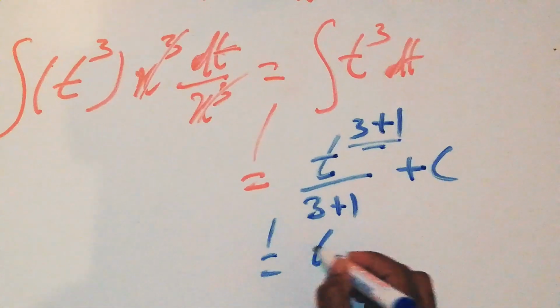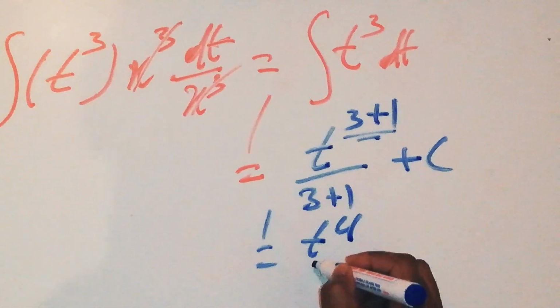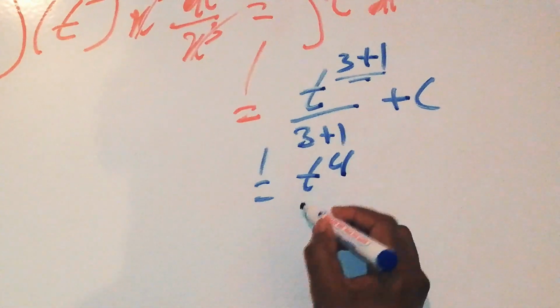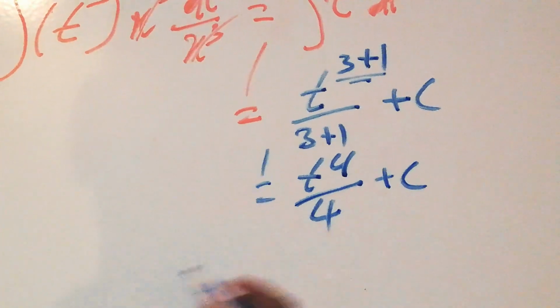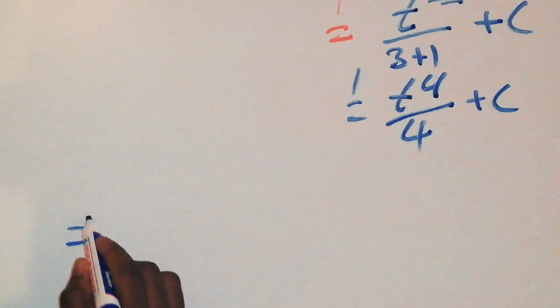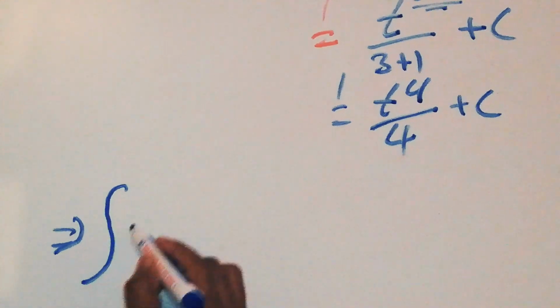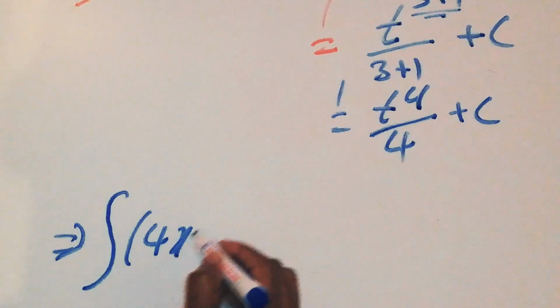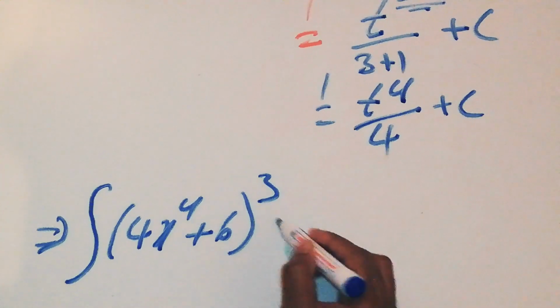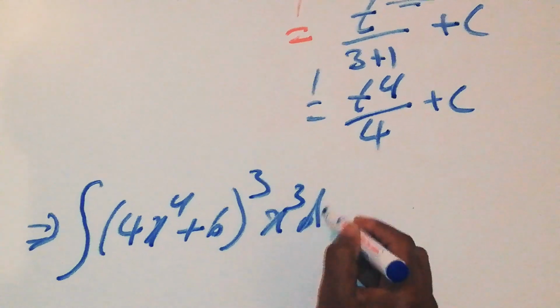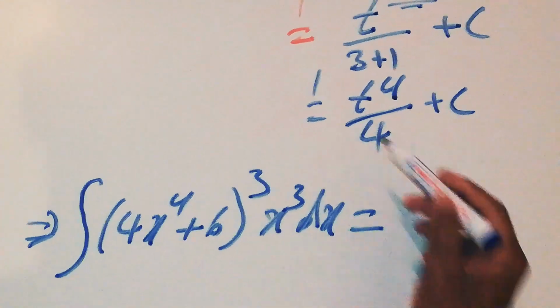This is t^4 over 4 plus c, which equals the integration of (4x^4 plus 6) cubed x^3 dx.